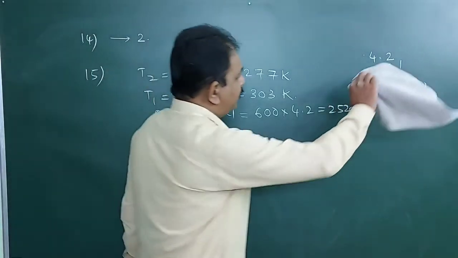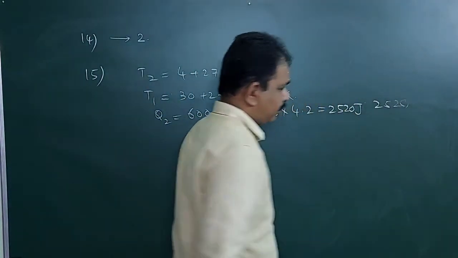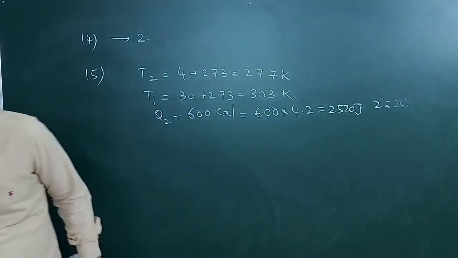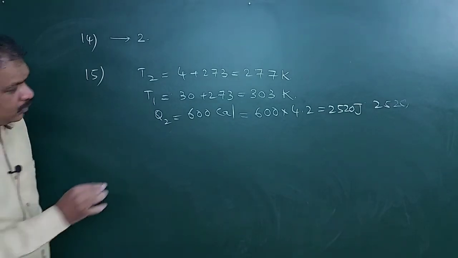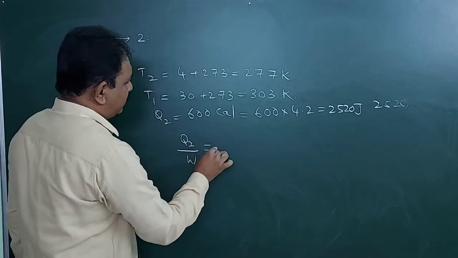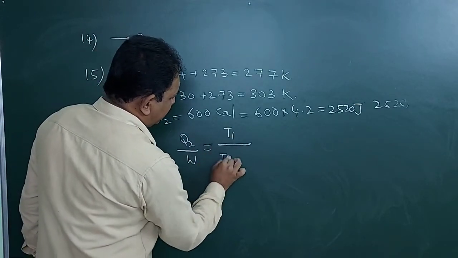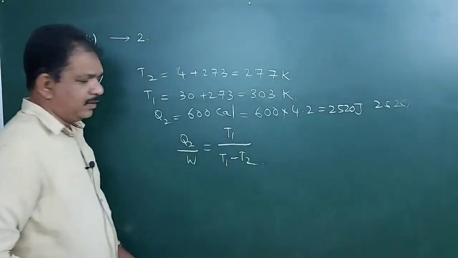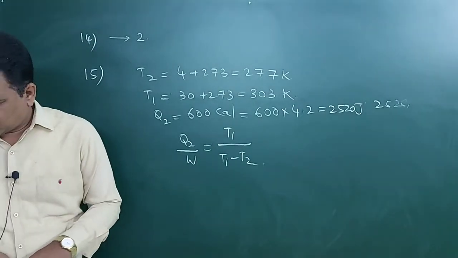Then what they are asking is, what will the W value be? So Q2 by W is equal to T1 by T1 minus T2. That is the formula.